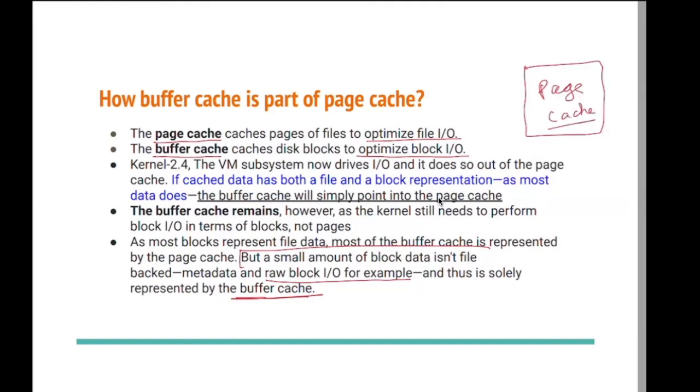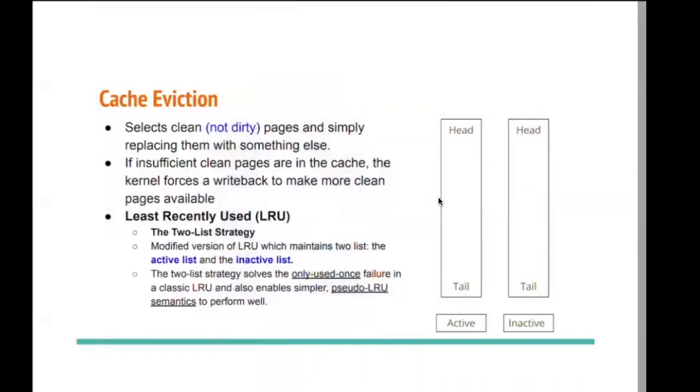So there will be a time when we no longer have further memory to store the pages in the page cache. At that time we have to remove the pages, and that process we call page eviction, or page removal from the main memory, because the allocation of memory for the page cache is limited.